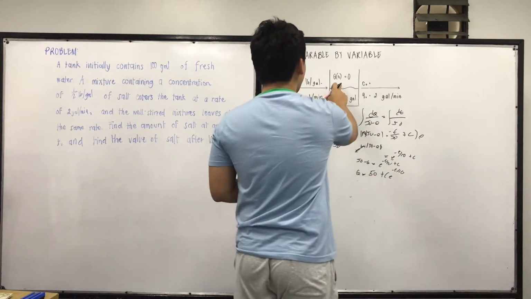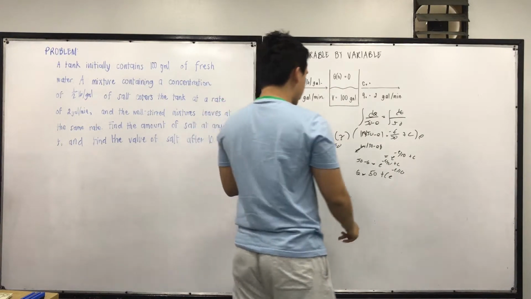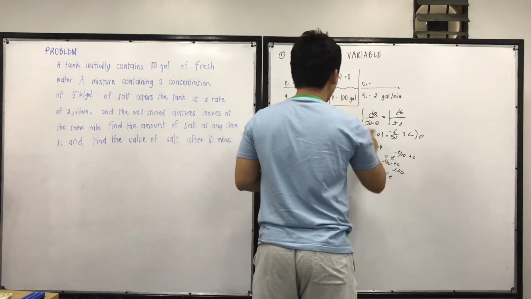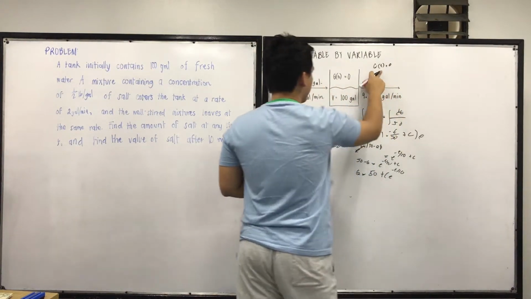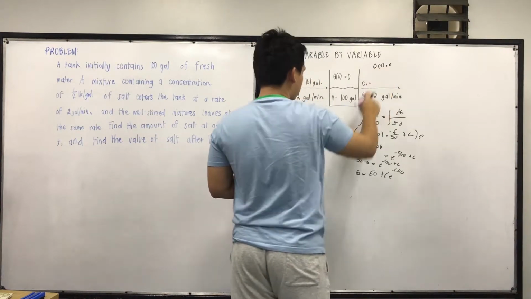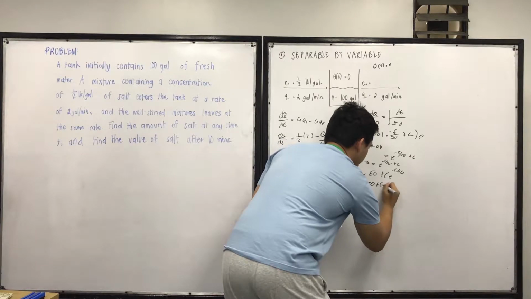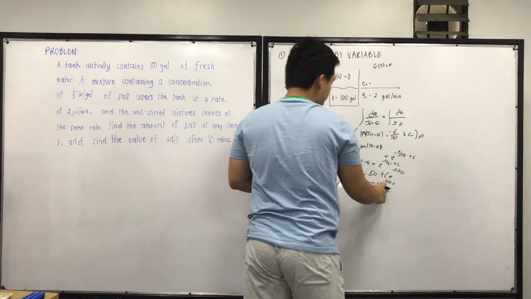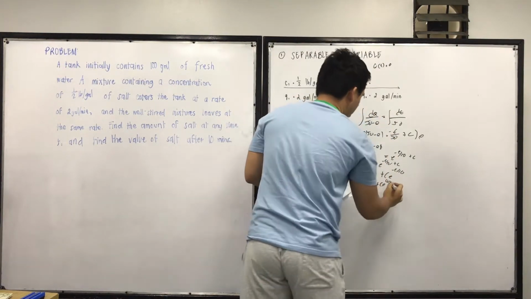By giving the initial value of Q sub 0 equals 0, you substitute this, and Q at t equals 0. So substitute the values of t and Q, and any value raised to 0 is equal to 1.